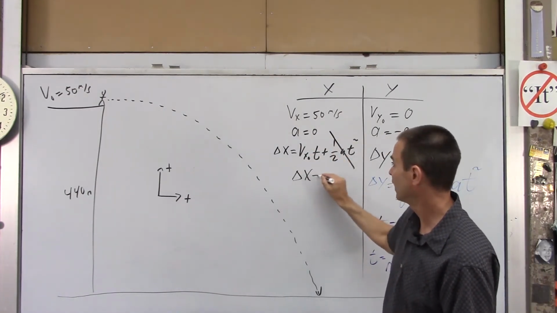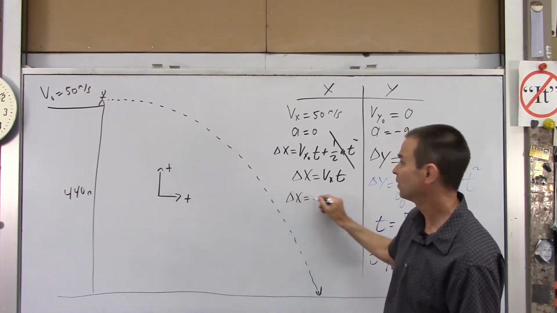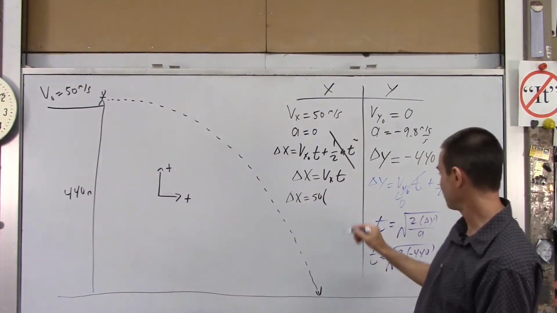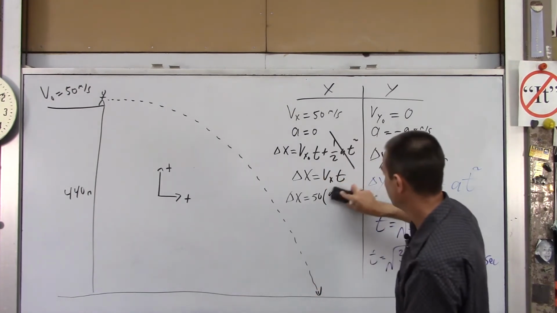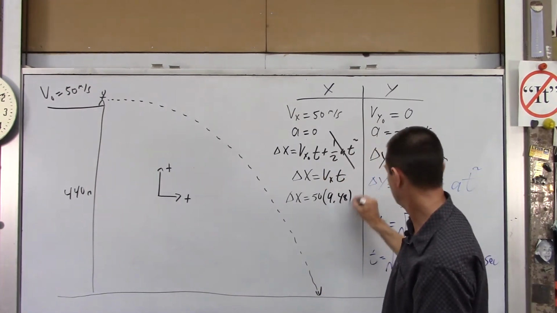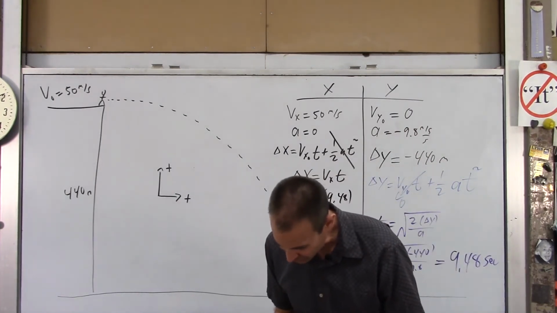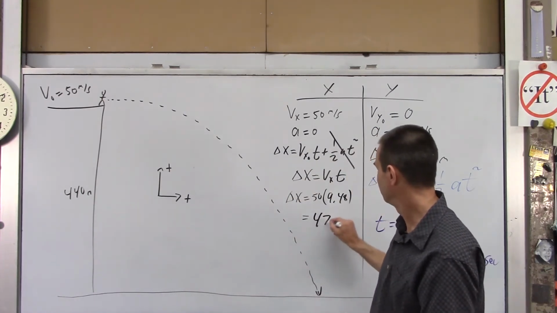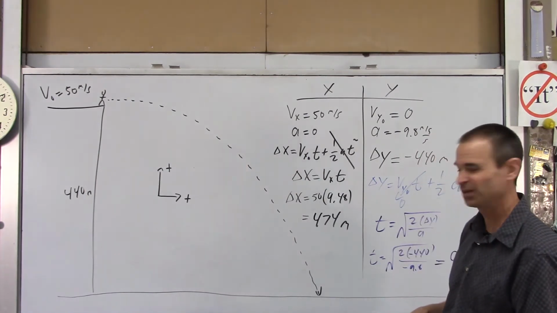So we have delta x equals vx t, and we've got our numbers. Delta x equals 50 times the 9.48 from the previous step. That's the only thing these two columns have in common. Okay, and if you multiply those out, you get approximately 474 meters. So that book gets pretty far. It's over a quarter mile. Okay, that's a good throw.